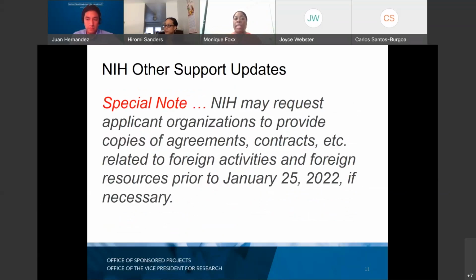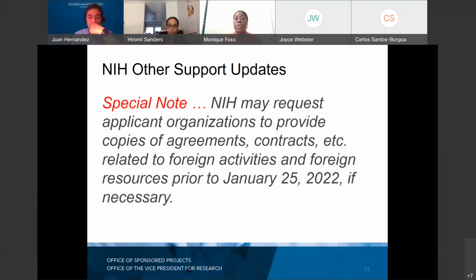Keep in mind the NIH may request GW to provide copies of agreements or contracts, etc., related to foreign activities and foreign resources prior to January 22 if necessary.